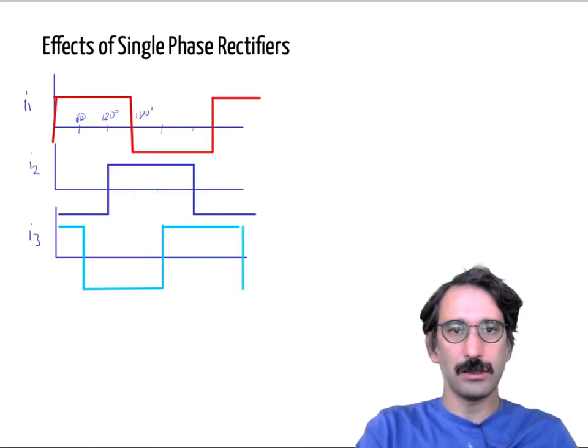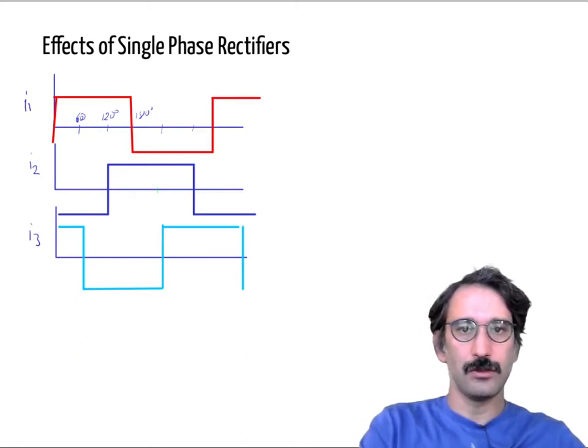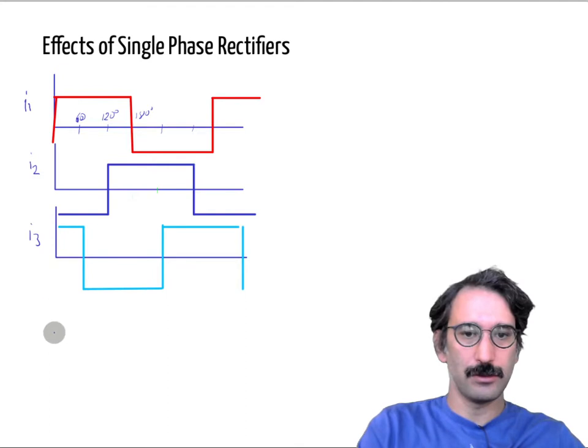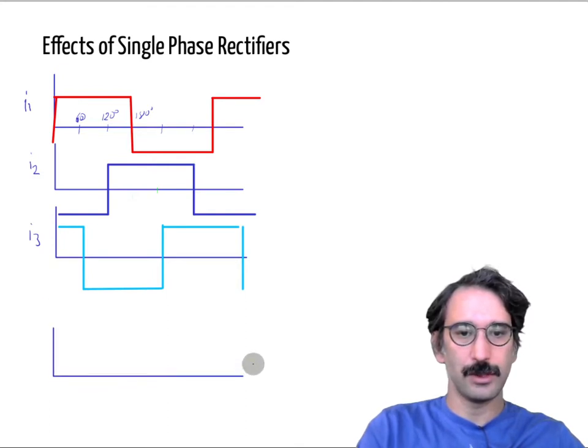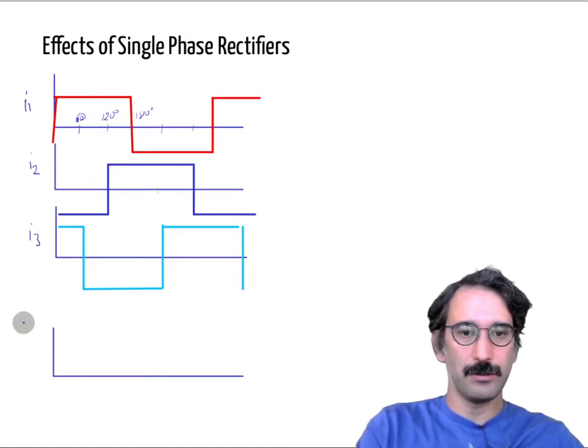So now I would like to calculate the total current, or in other words, the neutral line current. Let me try to draw it here, right? And that will be IN.